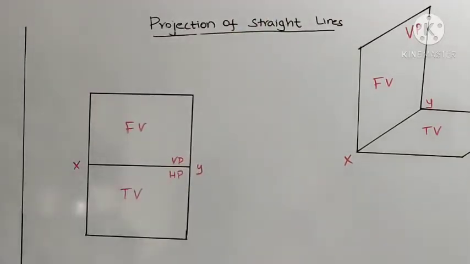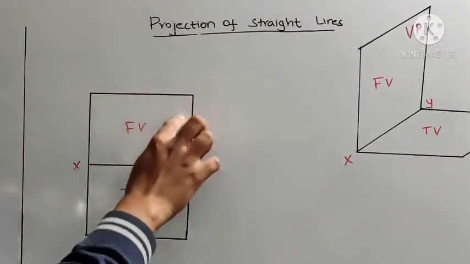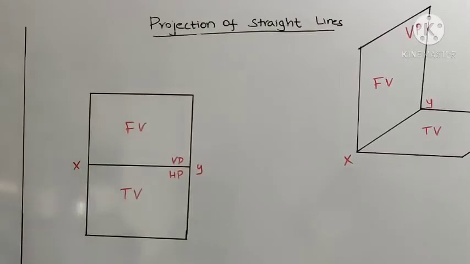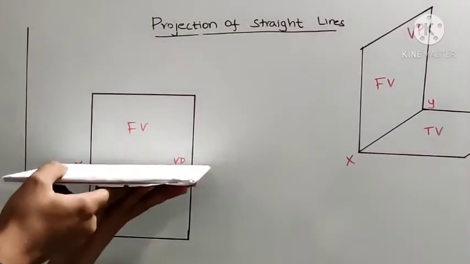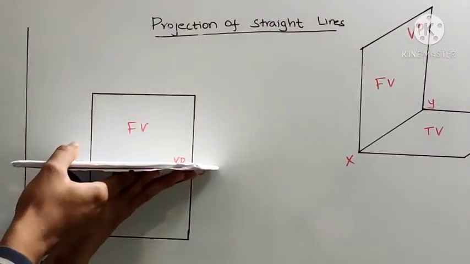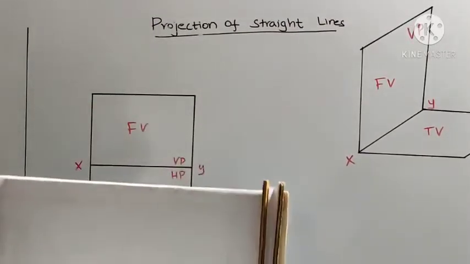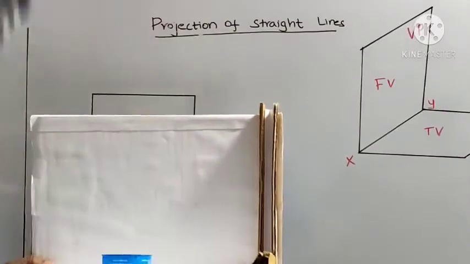So in other words, this is the vertical plane. When you are considering this as a vertical plane, and when you are taking the front view, your horizontal plane is something like this. Okay. Same applies for the top view. If your object is here, to take the top view you will go here.